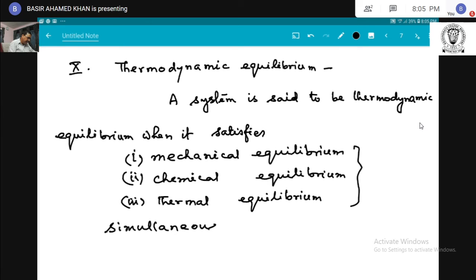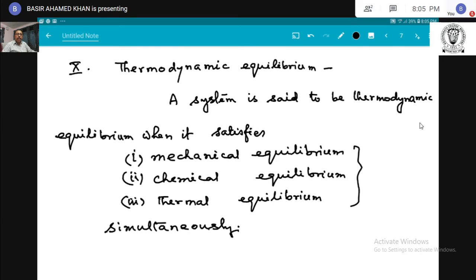Then we can say this thermodynamic system is in thermodynamic equilibrium.